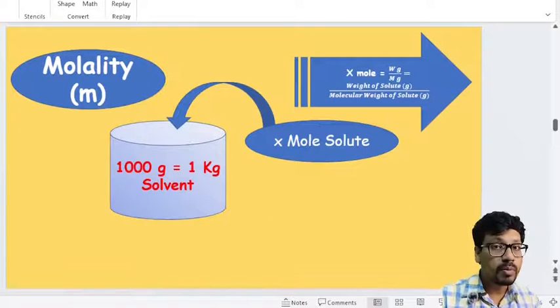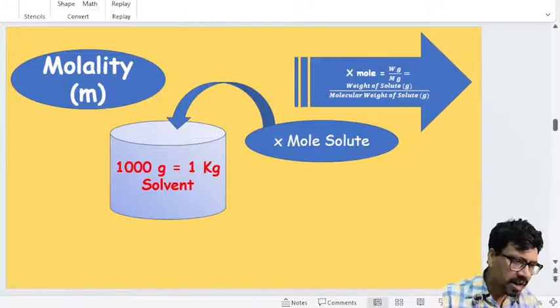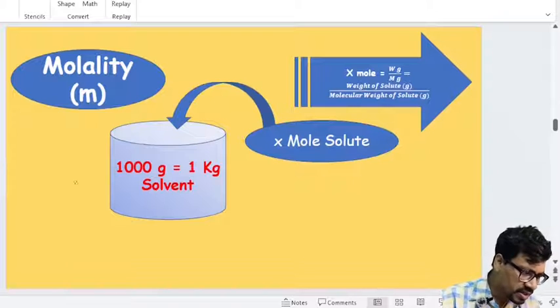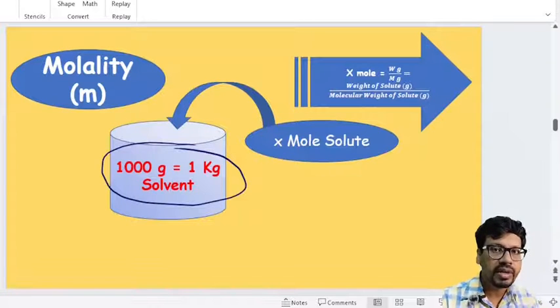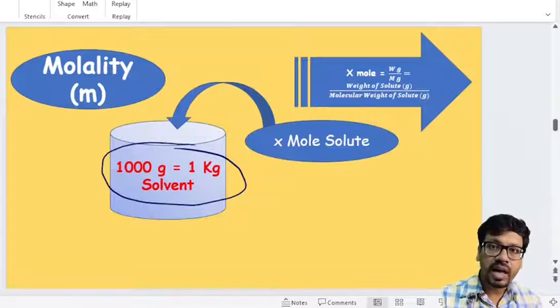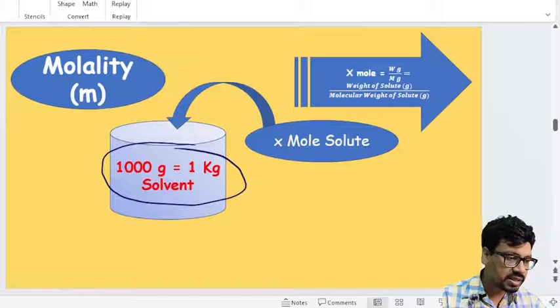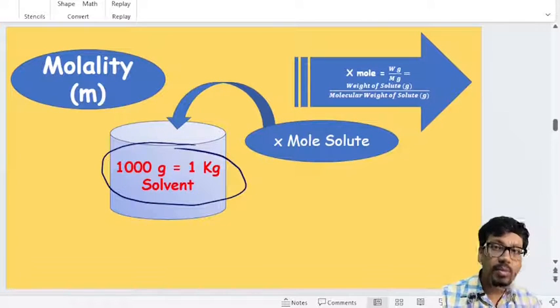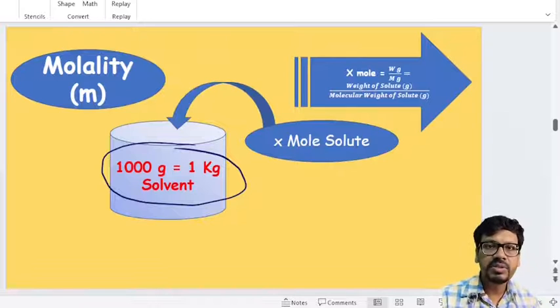Next one is the molality. Same thing, but the difference is here 1000 gram of the solvent, not the solution. The previous one is 1000 ml solution, that is the volume of the solution is 1000 ml, but in molality, that is 1000 gram solvent.